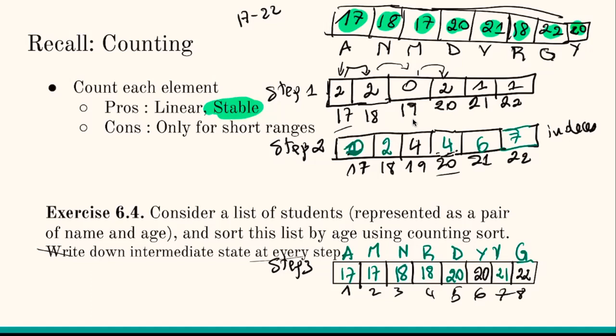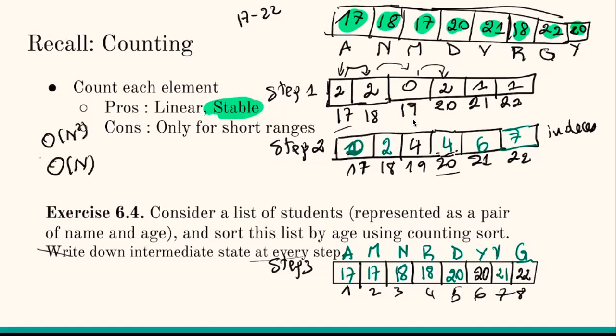Yes, go ahead. So you mean if the input is n, the time complexity will be big O of n? Not exactly. Yes? Okay, so we have n squared.